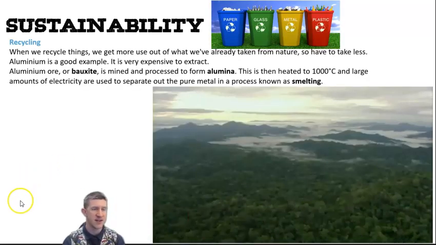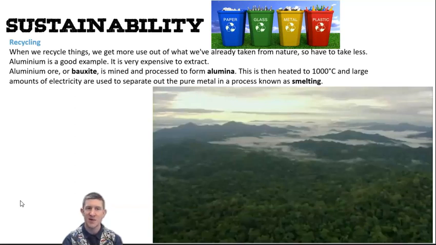Another example is recycling. So when we recycle something, we get more use out of it than what we've already taken from nature. So we have to take less from nature as a result. Metal is a great example, and aluminium in particular is a very good one. It's extremely expensive to extract aluminium from its natural resource. The aluminium ore, or bauxite as we call it, is mined, and then it's processed to form alumina.